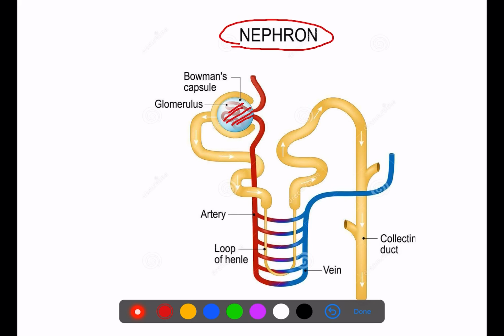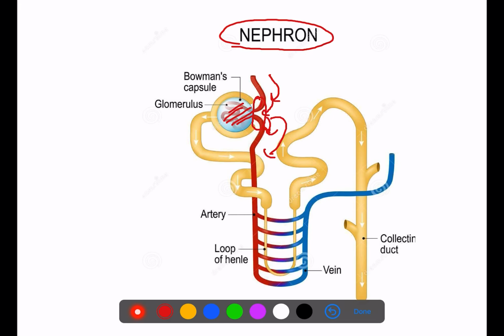We should remember that both the efferent and afferent blood vessels of the glomerulus are arteries. The glomerulus is a collection of blood vessels, but they are mainly arteries, not artery and vein.